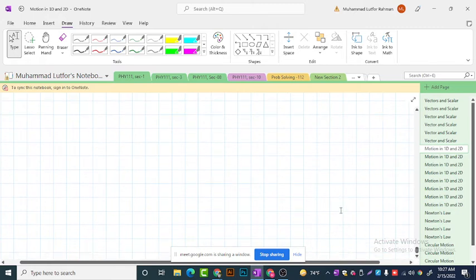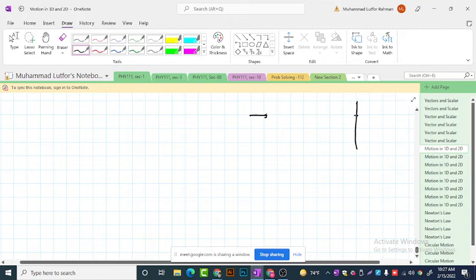Say you are targeting a particle. Say you throw a particle horizontally, or you can use a dart board. You throw your dart towards that point.